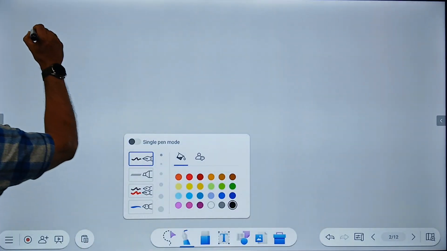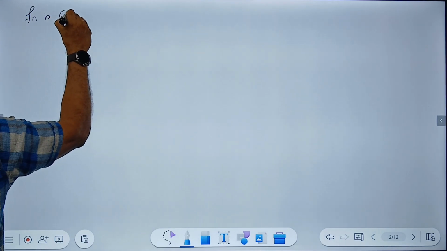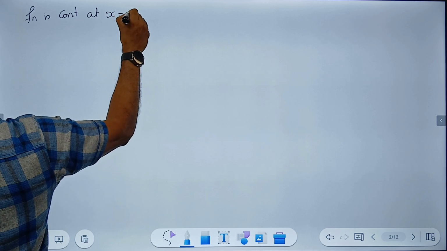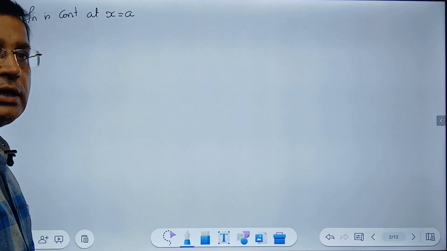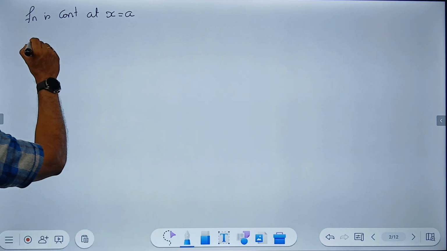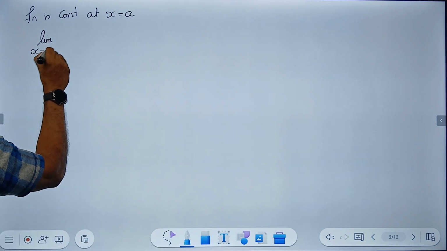When you say a function is continuous at x equal to a, it must satisfy three conditions. What are they? The first one is that the limit of f of x should exist.